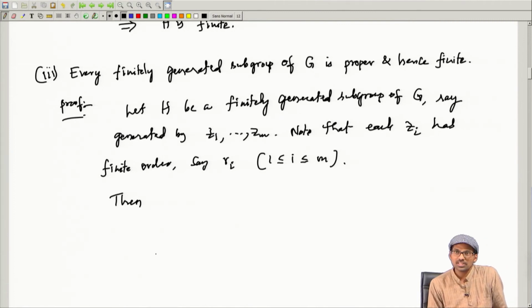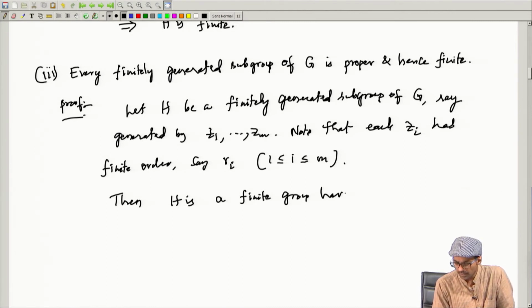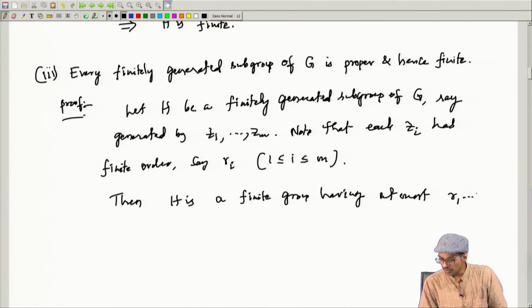So, then what is our H? H is just the product of powers of these zi's. So, then H is a finite group having at most how many elements? r1 into r2 into and so on, rm elements.